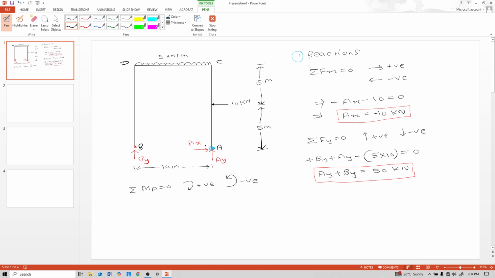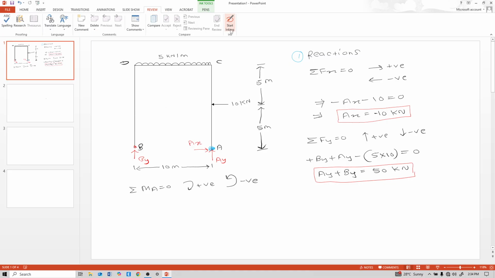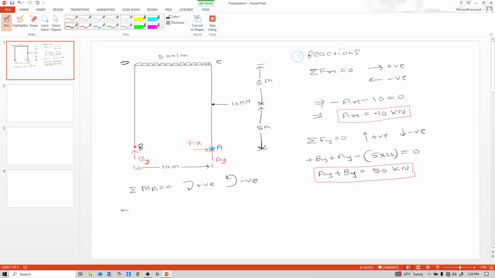So this By is clockwise to that point, so clockwise. So positive By into 10. This 5 into 10 kilonewton acts at the middle of this beam. From this D, the distance is 5 meter, and 5 into 10 is 50 kilonewton, and it is anti-clockwise to that point.